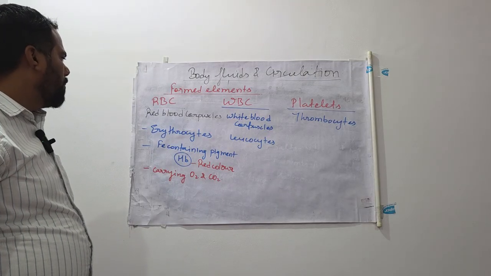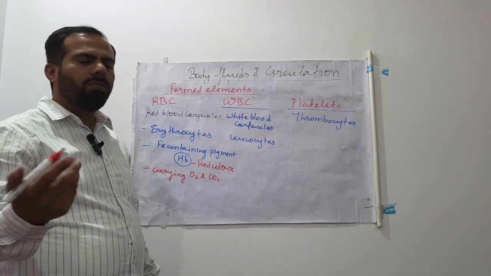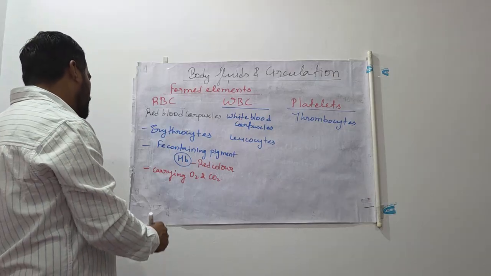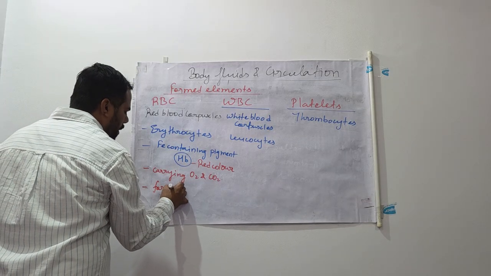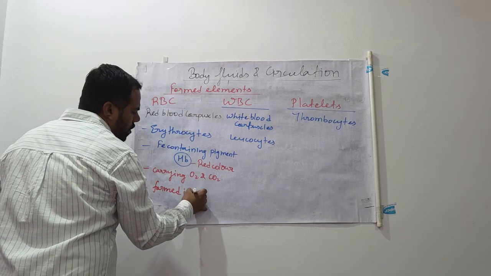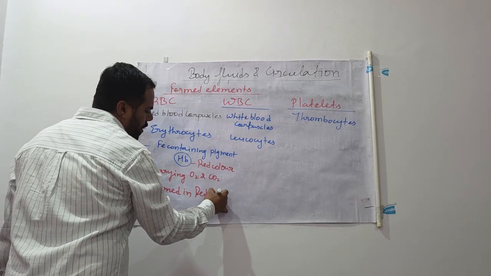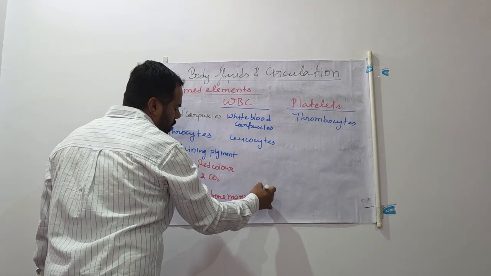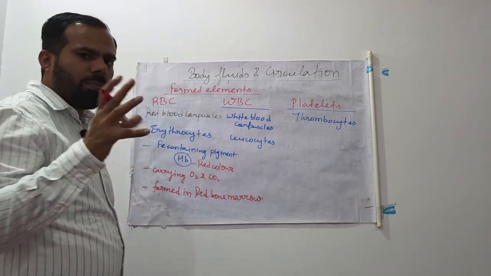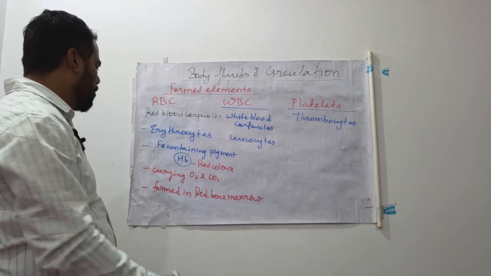Next, where are these cells formed? आरबीसी का फॉर्मेशन कहाँ होता है? RBC is formed in red bone marrow. हमारी जो लॉन्ग बोन्स होती हैं उनके रेड बोन मैरो वाले पार्ट में, यानी कि उनके टिप पे, red blood corpuscles फॉर्म होते हैं.